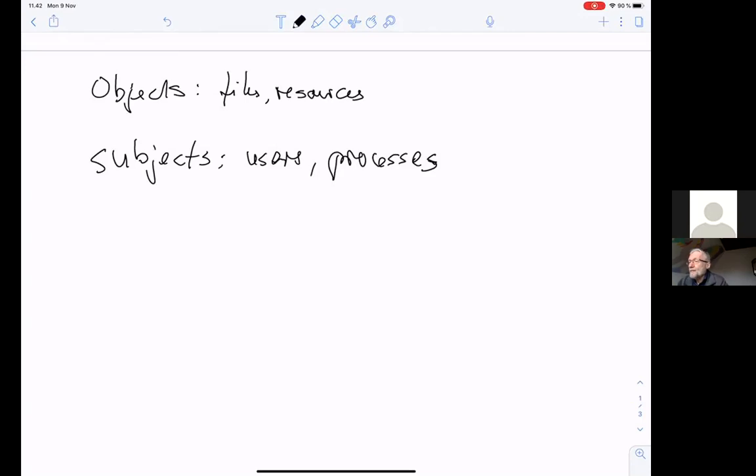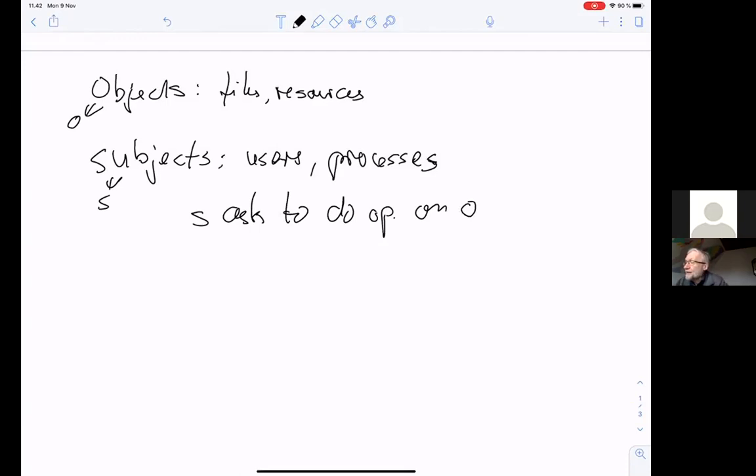So then what I can now start thinking about is a situation where some subject S, so S will be one of these subjects here, O will be an object, and now S asks to do some operation up here on an object O. So I want to read from this file or whatever.